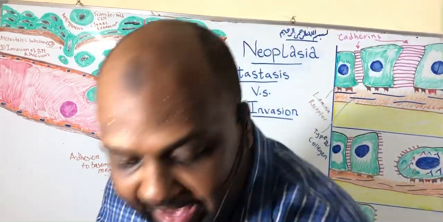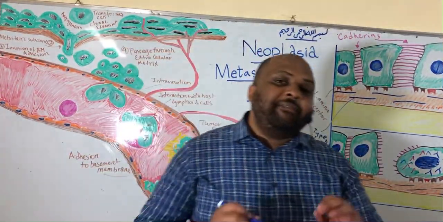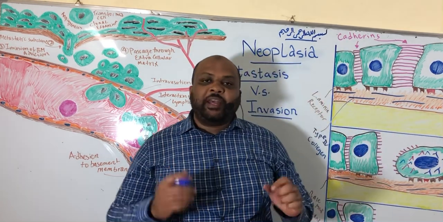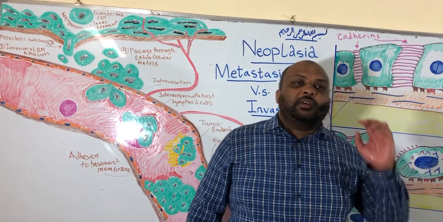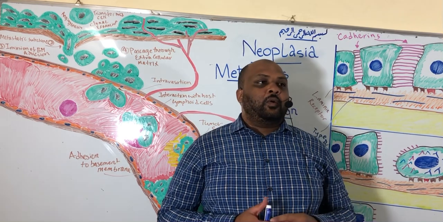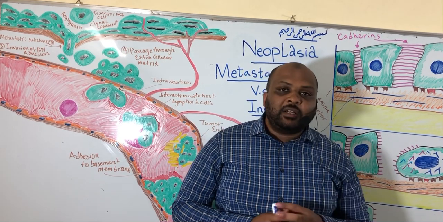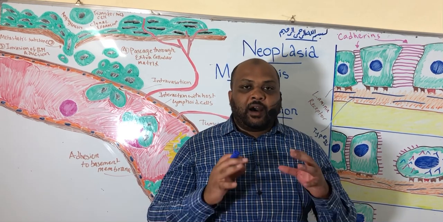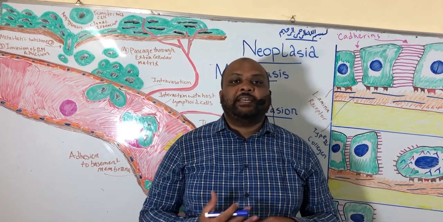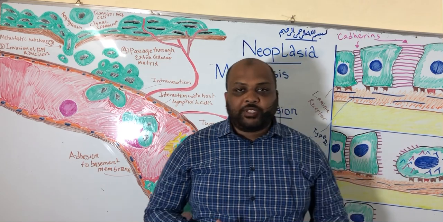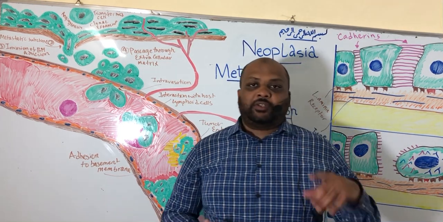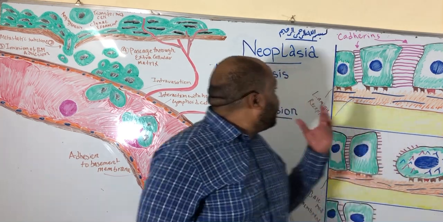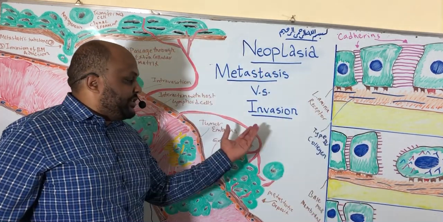What I want you to have in mind, what I want you to have a clear idea of, is that in neoplasia, the most critical, the most important concept that helps identify the prognosis, the diagnosis, and helps in the treatment, is to actually identify metastasis versus invasion.